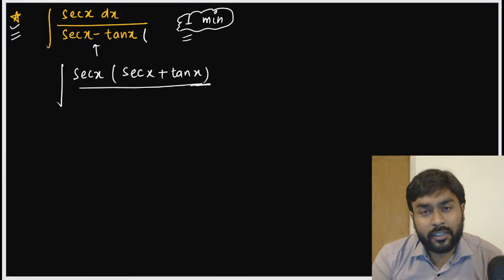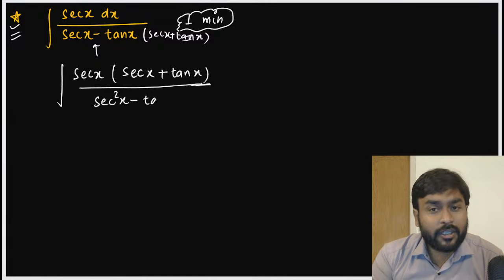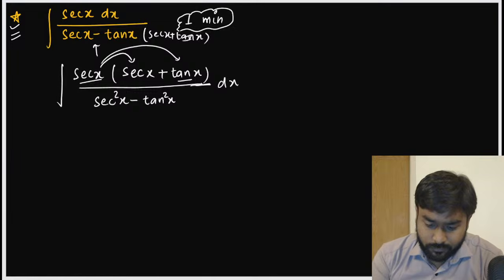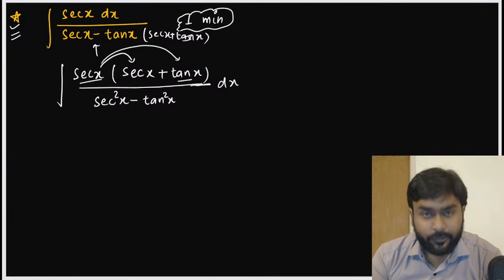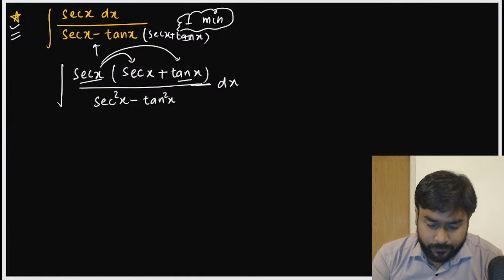If you apply secant x minus tan x, sorry, plus tan x, it will become a plus b, a minus b, so it will become secant square x minus tan square x, that will become 1. Okay, then after that you can multiply inside here and here. So secant square x integration, tan x, and secant x into tan x integration, secant x. So the final answer will be tan x plus secant x plus c.